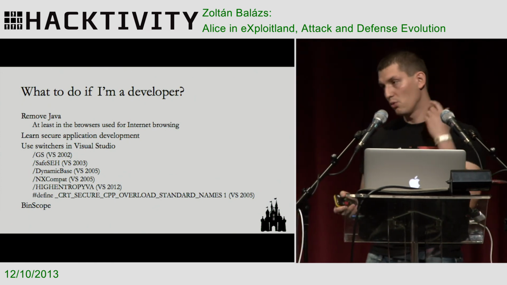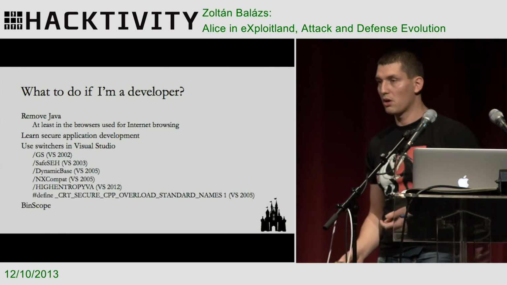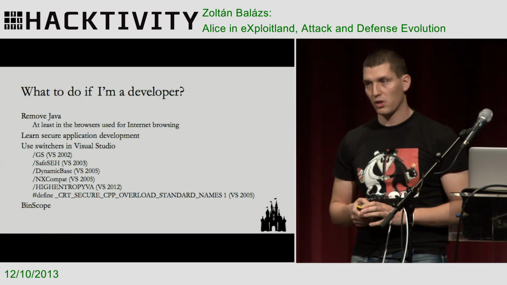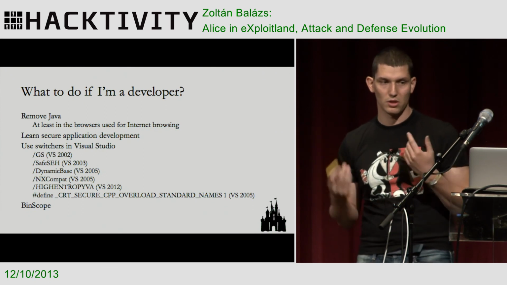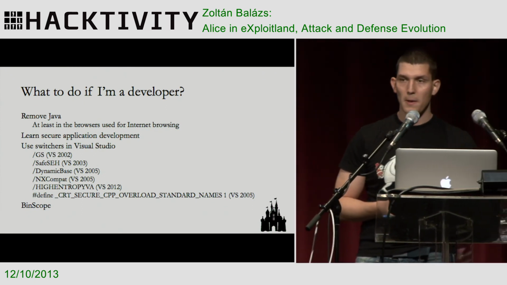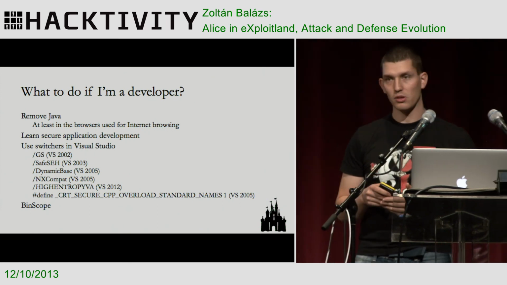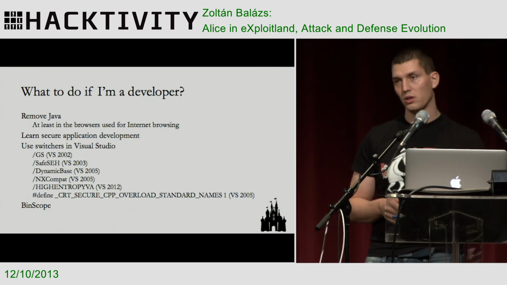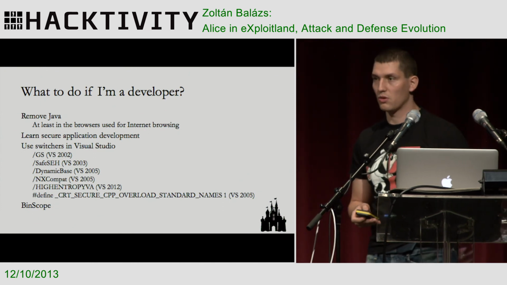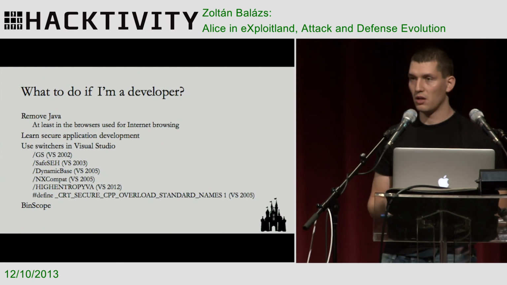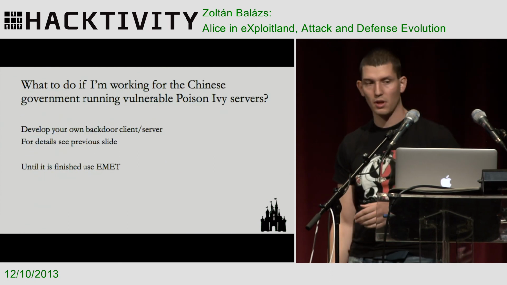And if you use those switches, it will guard basically your executables from these exploit techniques with all these mitigation techniques I was talking about. And if you want to check whether your binaries have been compiled with these switches, you can use BinScope from Microsoft, which will tell you which executable or DLL is secure and which is not.